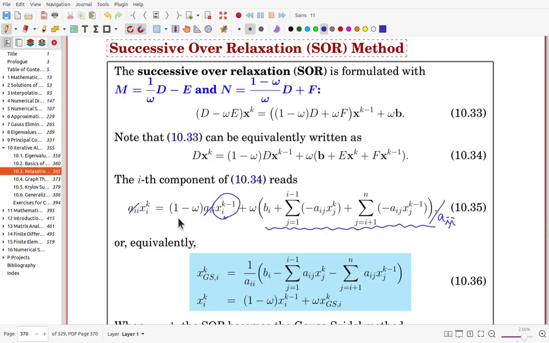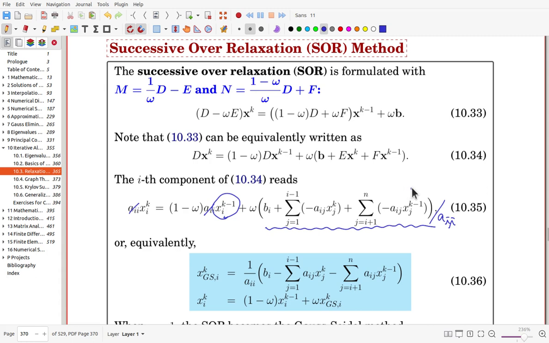If omega is between 0 and 1, that is interpolation. However, if omega is larger than 1, then that is extrapolation, so that the weight is larger here. So if we consider this quantity and that quantity, it's made in this way.